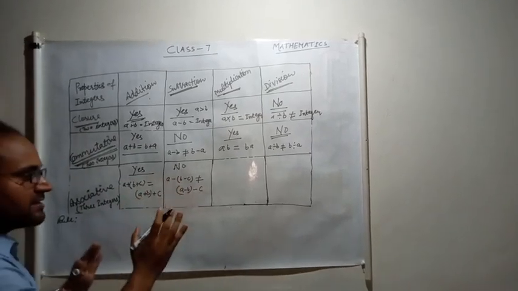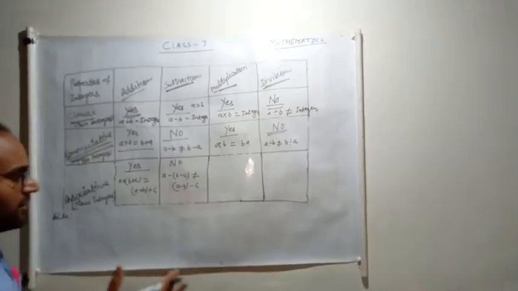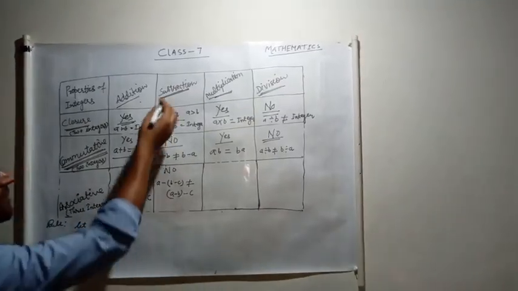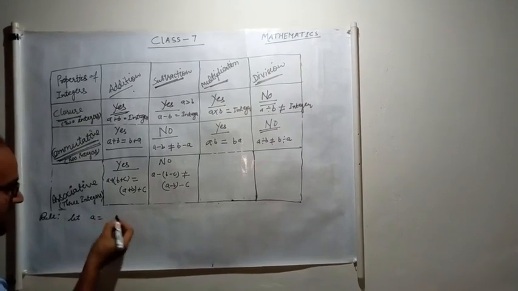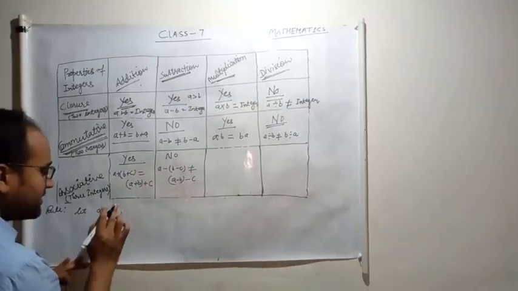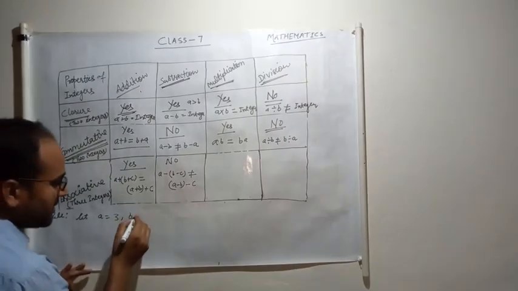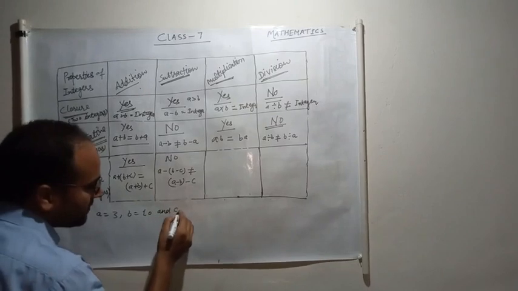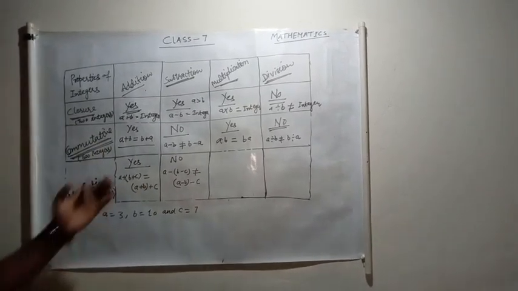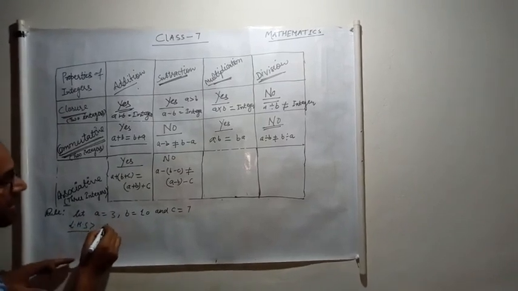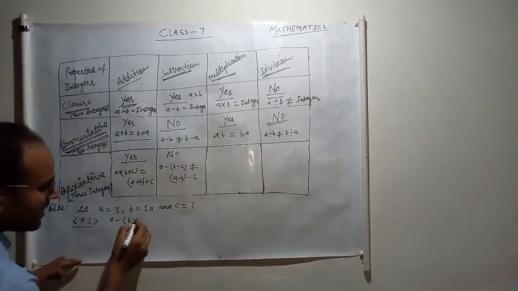If a, b, c are any 3 integers, I will show you for subtraction. Let a is equal to 3, b is equal to 10 and c is equal to 7. Left hand side is a minus (b minus c).